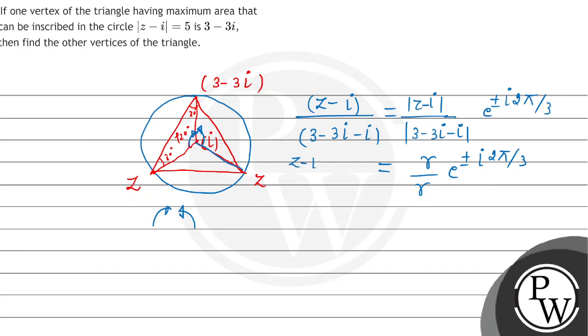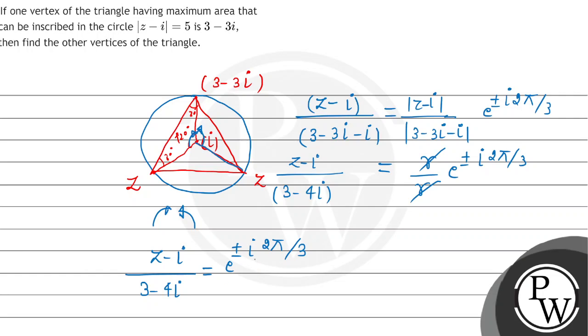So (z - i)/(3 - 4i), r will be cancelled out. After solving this, (z - i)/(3 - 4i) can be written as e^(±i 2π/3).